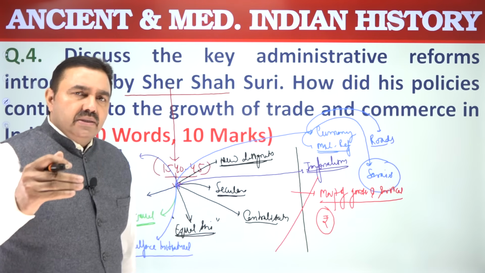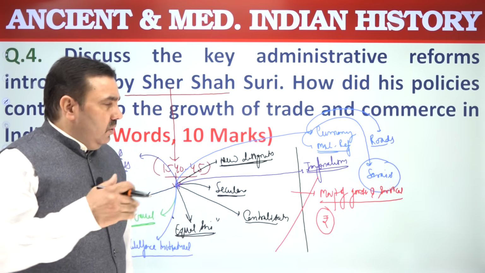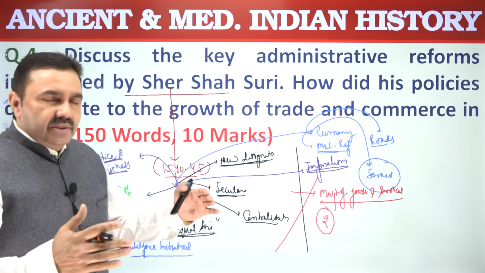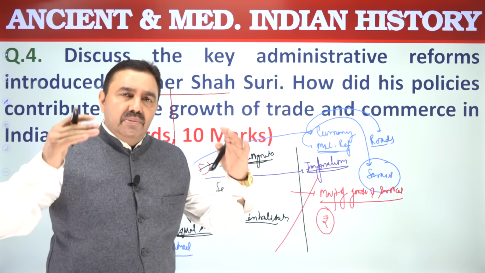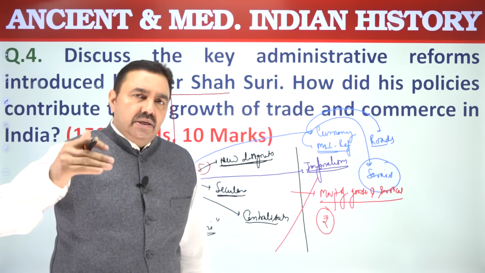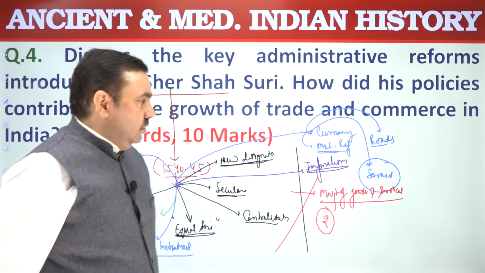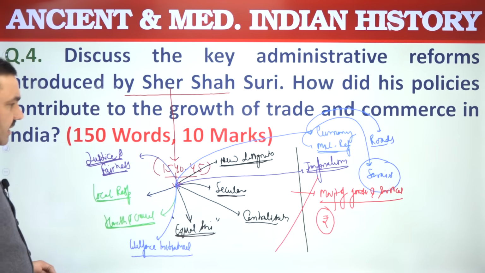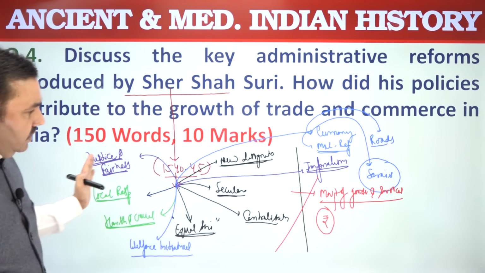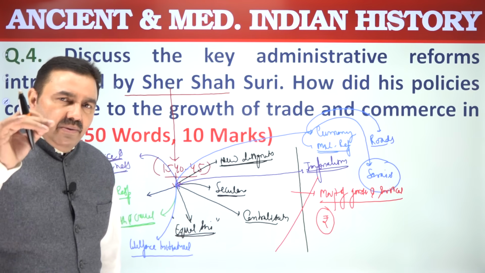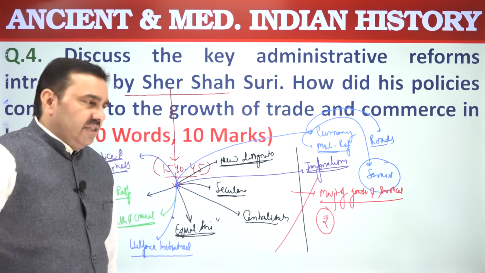Roads, currency, uniform taxation system, all these things helped in the movement of goods and services. And because of that, the Indian economy got a boost. Trade with different parts of India as well as with the outside world increased enormously due to these steps taken by Sher Shah Suri. So write all these initiatives one by one in brief without putting too much explanation.